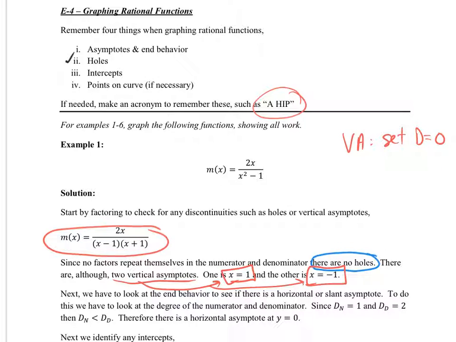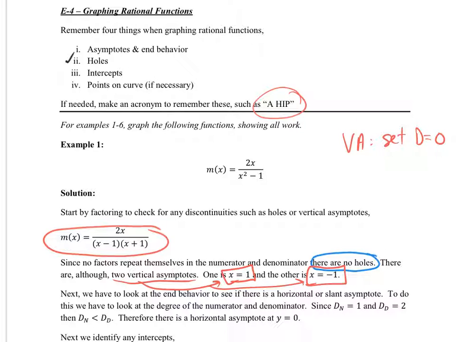Okay, 2 vertical asymptotes. One is at x equals 1, and one is at x equals negative 1, because they make the function undefined. If, for some reason, I plug in a 1 and I get 0 over 0, which I don't here, I need to recognize that I forgot about a hole and go back and find the hole. Again, if I plugged in a 1 and got 0 over 0, then it's a hole.